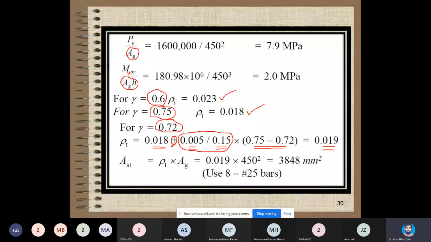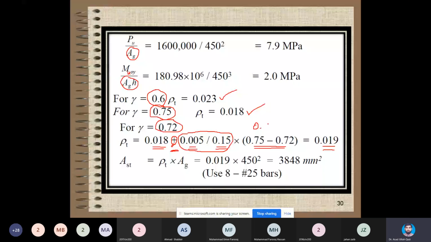supporting you. If you select 0.6 as the base value here, then rather than 0.018 you will select 0.023. Then you will use a minus sign, but then the gap will be between 0.6 and 0.72.